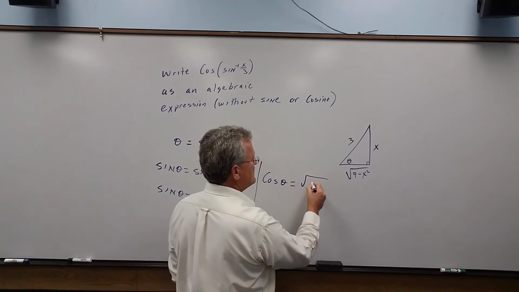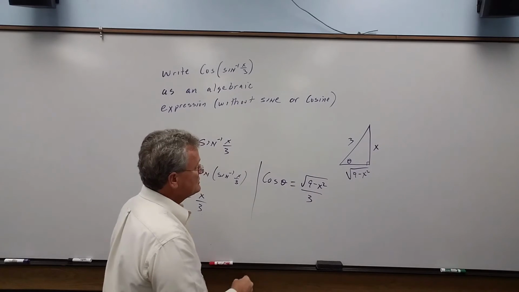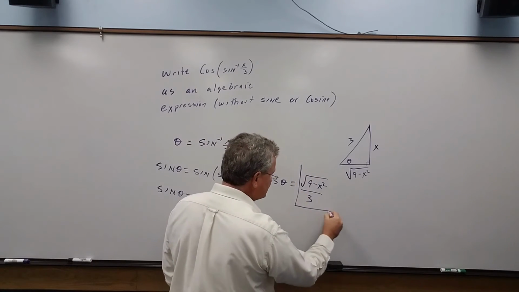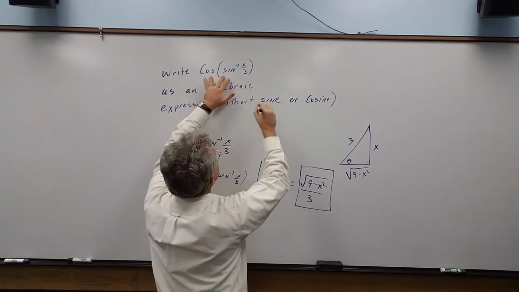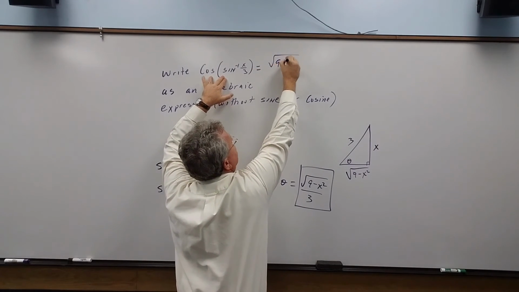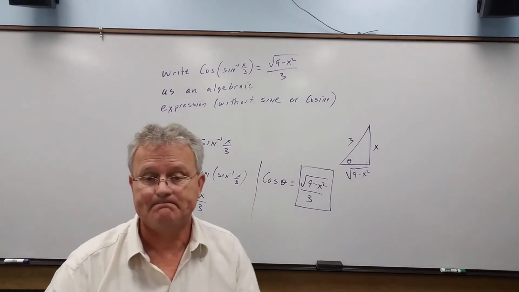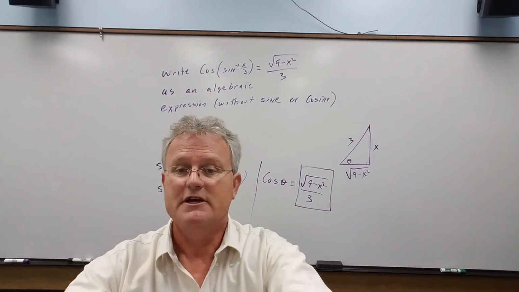So this is the square root of 9 minus x squared over 3. So now we have the expression, this is actually our answer. This thing here is equivalent to the square root of 9 minus x squared all over 3. It's a nice exercise in algebra.